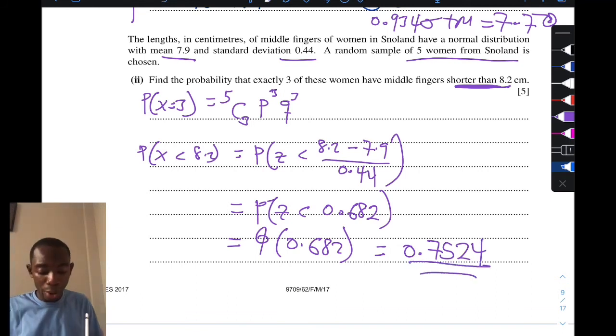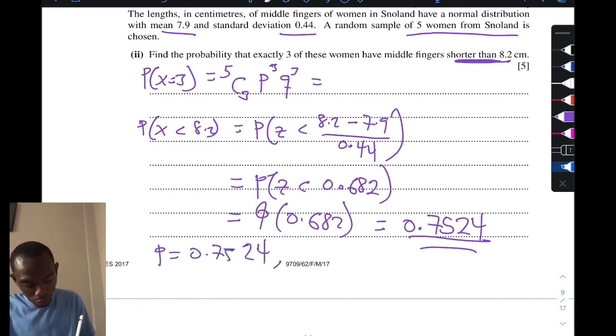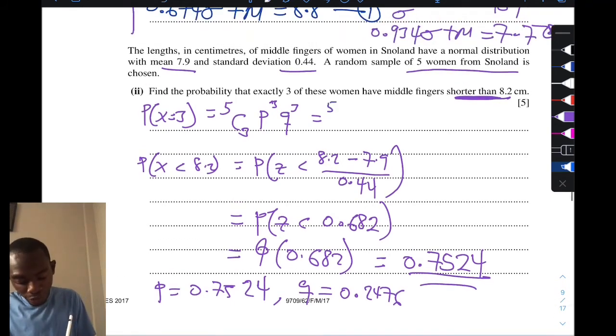So this is the probability p. Therefore p is equal to 0.7524. q will be equal to 1 minus that value, so 1 minus 0.7524 and that gives us 0.2476. Great. So now we can do 5 combination 3.